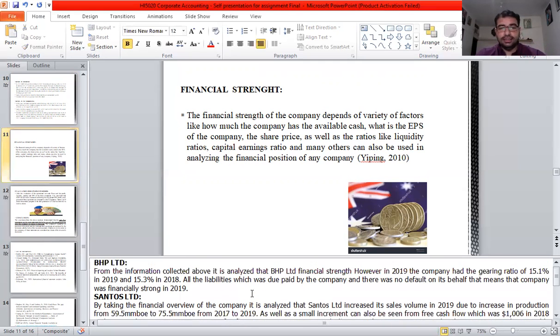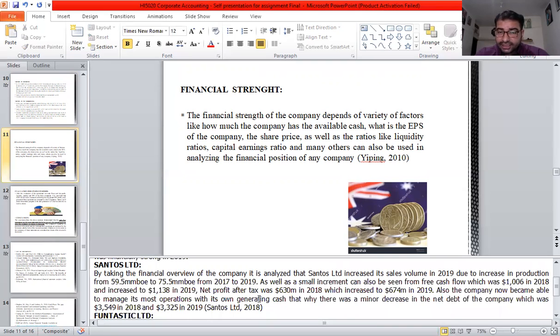As for Santos Limited, the financial overview of the company was analyzed, and it was shown that there was an increase in the sale volume in 2019, increasing its production from 59.5 million to 75.5 mmboe from 2017 to 2019. A small increment can also be seen in the free cash flow, which was 1006 in 2018 and increased to 1138 in 2019.